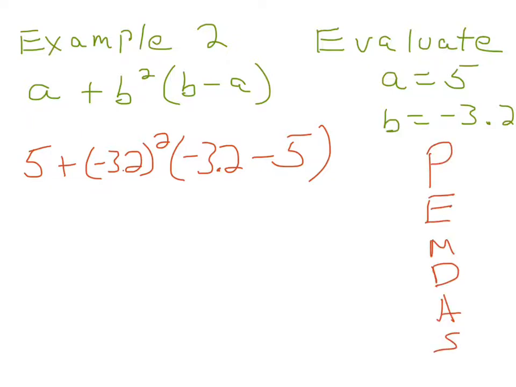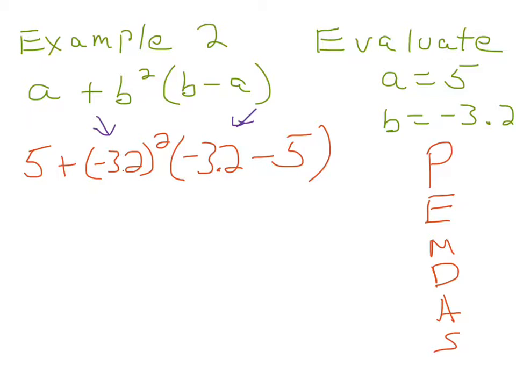So again, let's jot these down over here. P-E-M-D-A-S. And let's go through and start with parentheses. Is there a set of parentheses that contains math? So what you'll notice is that there are two sets of parentheses. There's a set of parentheses right here and a set of parentheses right here. Now, one of those sets of parentheses contains math, and the other one doesn't. There is no mathematical operation to do inside the first set of parentheses.